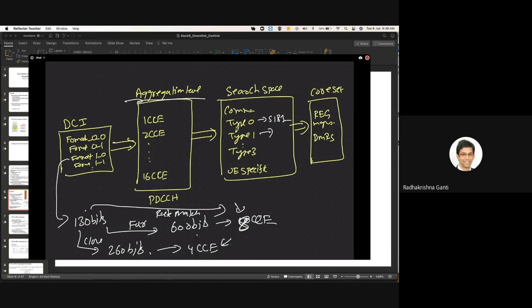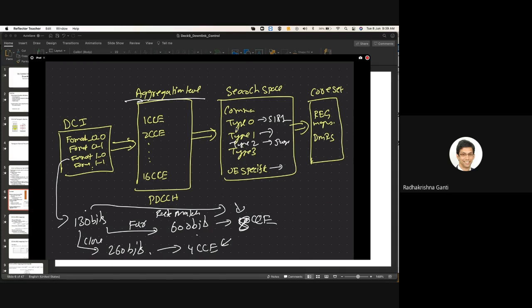Type 2 is paging, and UE specific signaling is okay. So all of them will have such a search space. Essentially, these are subsets of the core set where you place this aggregation. Whatever you have got in the aggregation level, you place in those particular parts of the core set. Type 0 will have a certain part of the core set, type 1 will have a certain part, type 2 will have a certain part of some core sets, type 3 will have some part of some core sets.